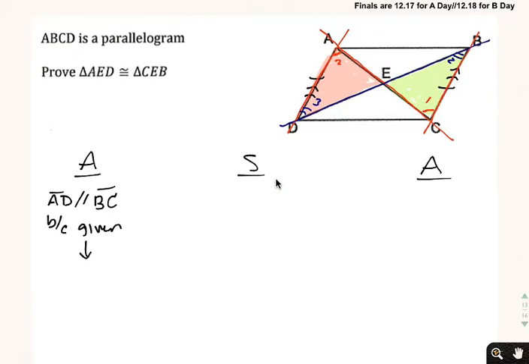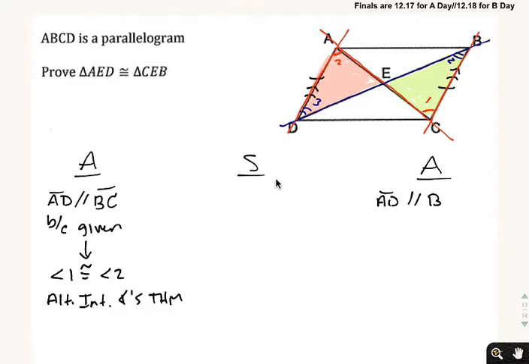Because it's given to me, I know that angle 1 is congruent to angle 2, and that's going to be because of the alternate interior angle theorem. So that gives me one side. In fact, the same reason is going to be true for the other angle, so I'm going to rewrite it on the right.